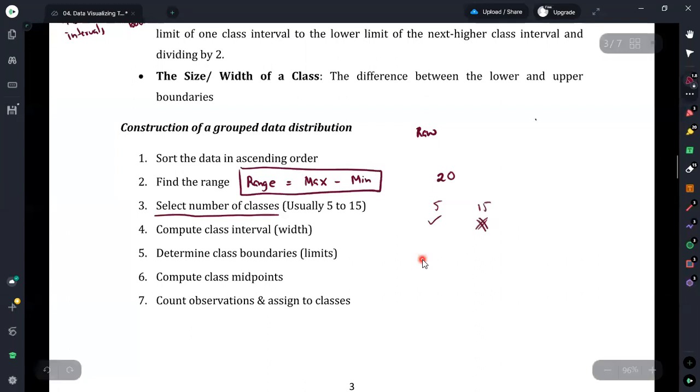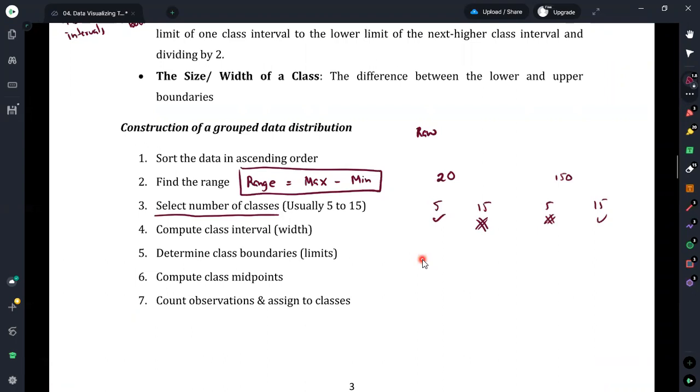Or else, suppose you have a somewhat large value, such as a range of 150. In a range of 150, there is no point in having only 5 classes. In such situations, we can use 15 classes.